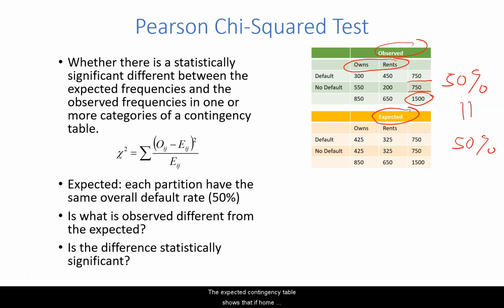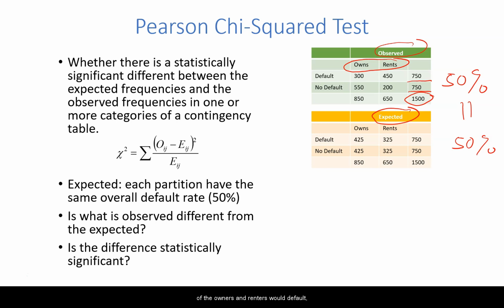The expected contingency table shows that if home ownership is not a good predictor of loan default, then we would expect both homeowners and the renters to have the same overall default rate, which is 50%.